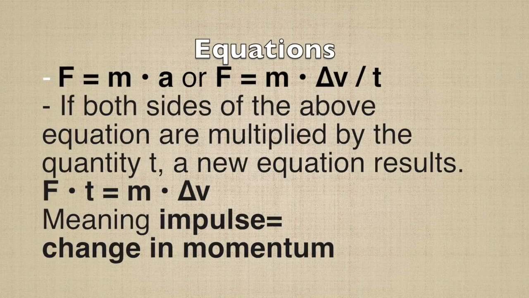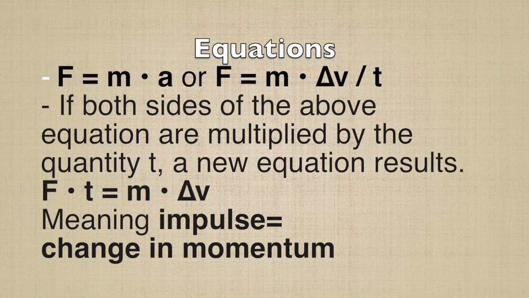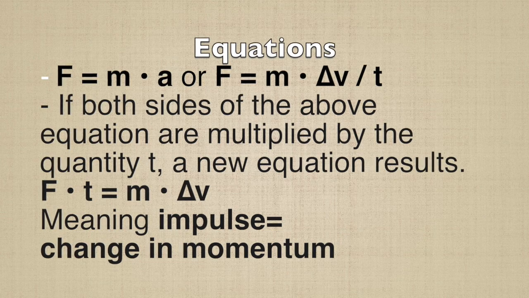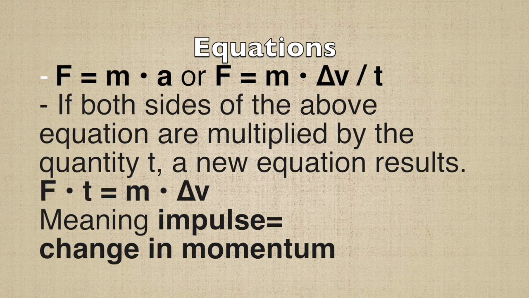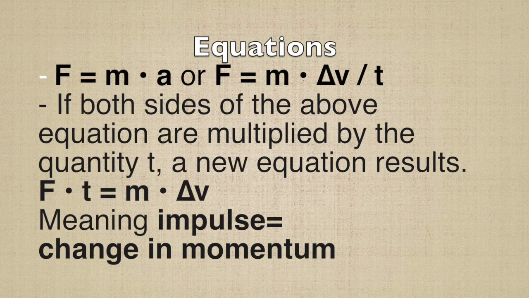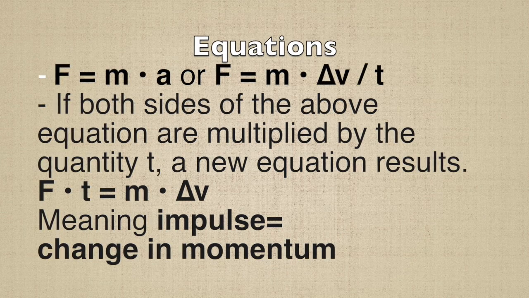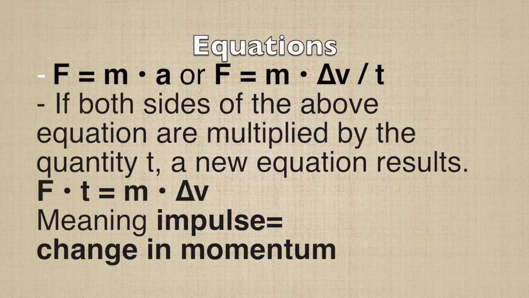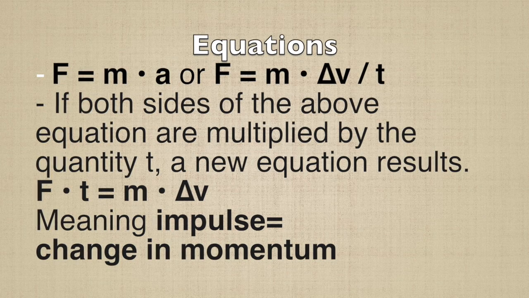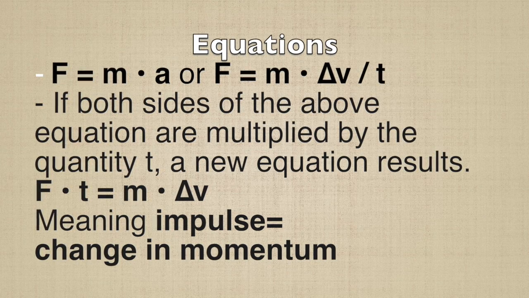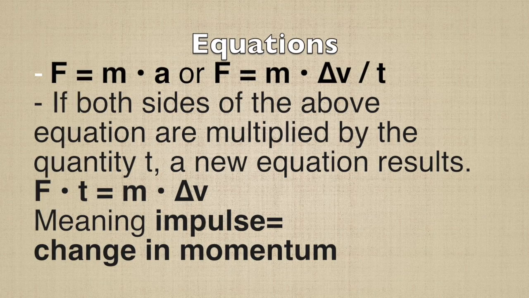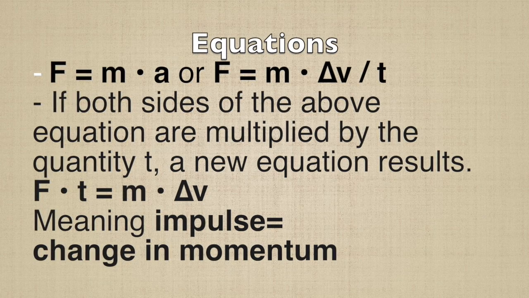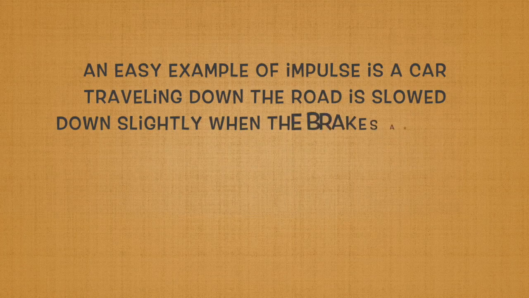Force equals mass times acceleration, or force equals mass times change in velocity divided by time. If both sides of the above equation are multiplied by the quantity t, a new equation results. Force times time equals mass times change in velocity, meaning impulse equals change in momentum.